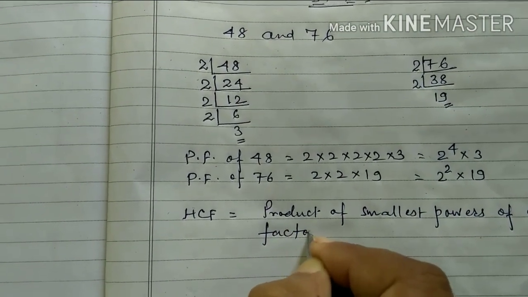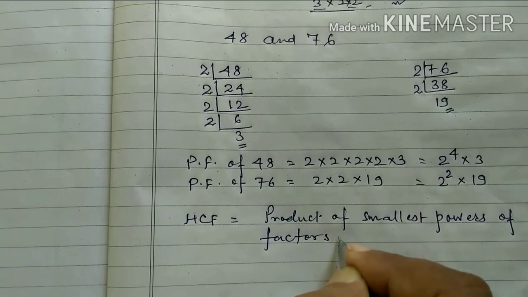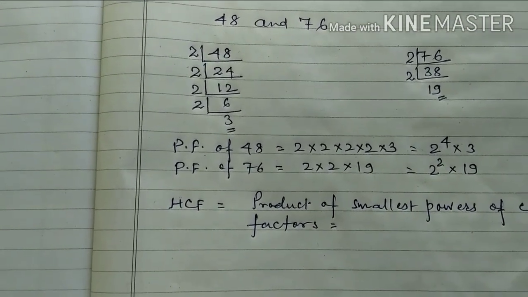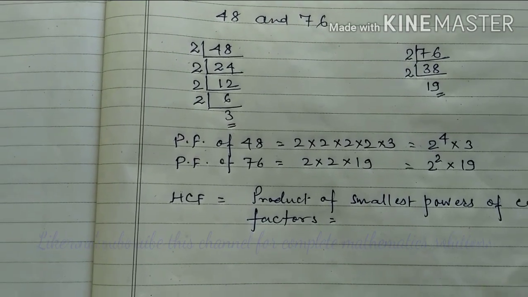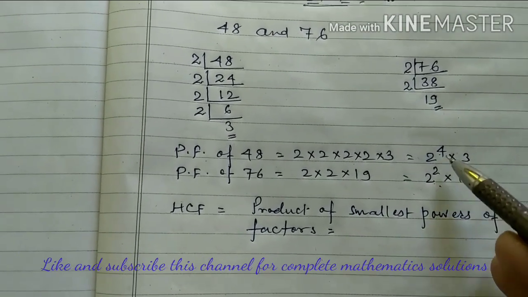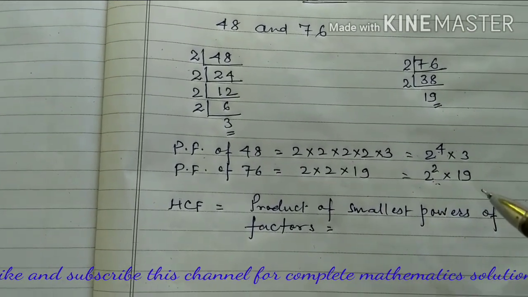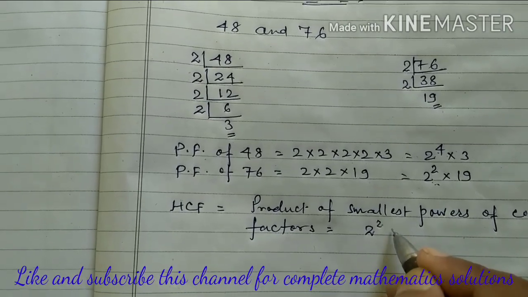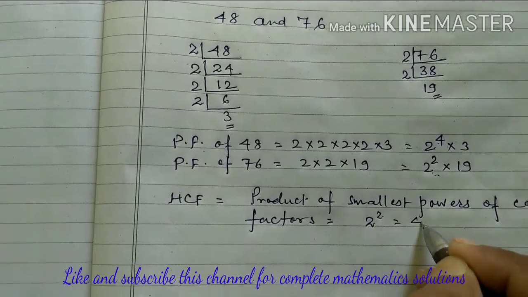Meaning at first we will see which factors are common, and then we will take their smallest power. Here only one factor is common, that is 2, and the smallest power of 2 is 2 here. So the HCF will be 2 to the power 2, meaning 4.